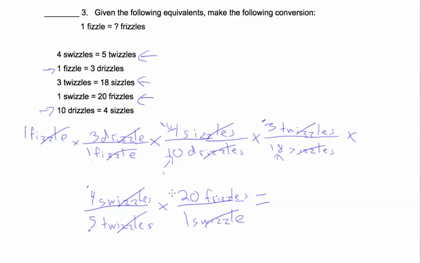I don't need to do divided by 1. And we are going to say that 1 fizzle equals 3.2 frizzles. And if you can do this with made-up units, you can do it with anything.